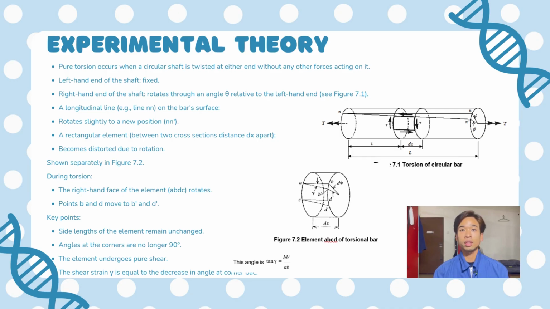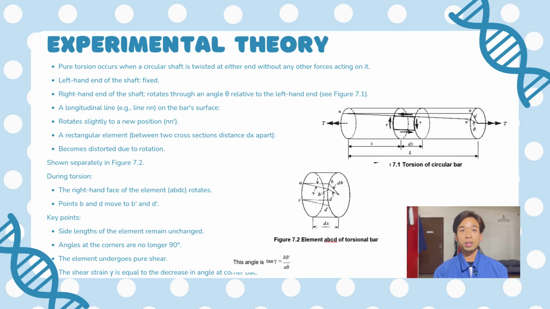You can see from figure 7.1, a longitudinal line on the bar surface rotates slightly to a new position. A rectangular element between two cross-sections distance dx apart becomes distorted due to rotation. It is shown separately in figure 7.2.